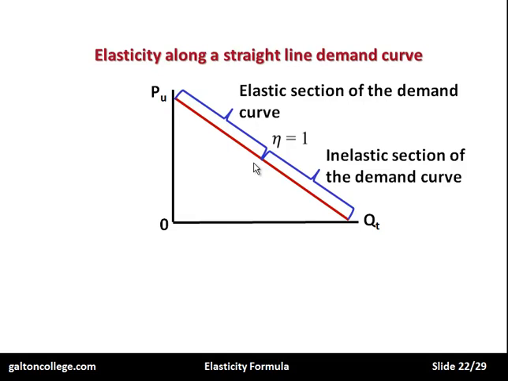We can talk about the elastic section, which is the top half. We can talk about the inelastic section, the section which is less than 1, but is equal to 0 or greater. That's the inelastic section. The elastic section is greater than 1 up to infinity. So we can talk about the elastic and inelastic sections. We can't talk about the whole curve being elastic or inelastic, because it varies all along the curve.